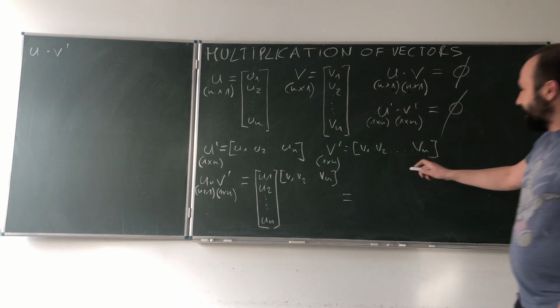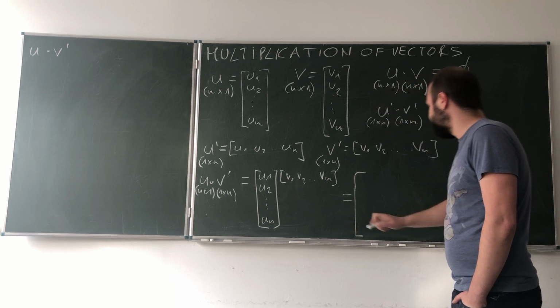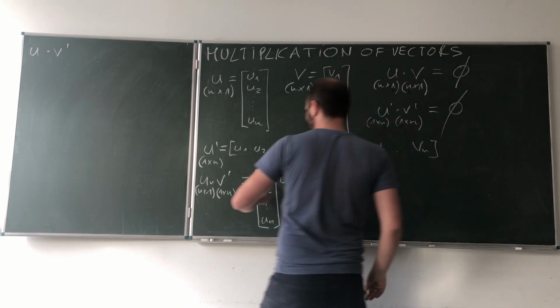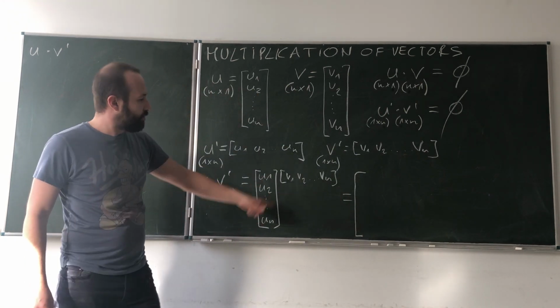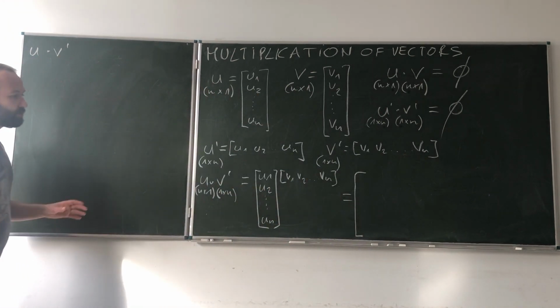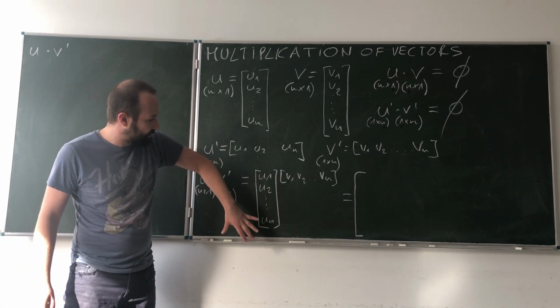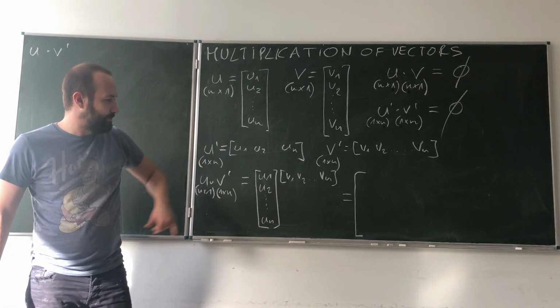But remember, when I multiply generally two matrices, I multiply each full row of the first matrix by each full column of the second matrix. But look, here rows are just individual elements, and here columns are just individual elements. So look, what we will get is a matrix of all possible products of all these vector elements.